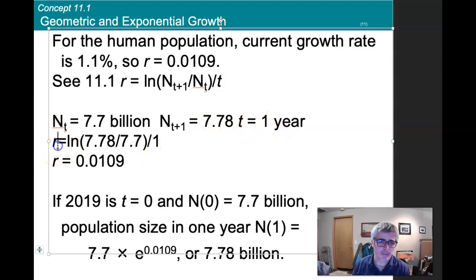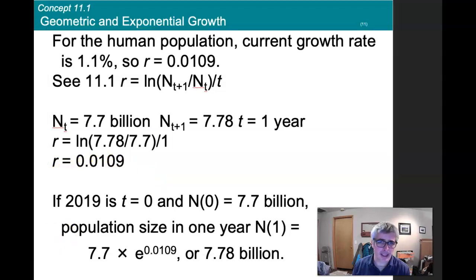So we just take the natural log of 7.78 divided by 7.7, take that whole unit divided by 1, which winds up with an r of 0.0109. So we can plug that into our exponential growth function, where N1 equals 7.7 times e to the 0.0109, or 7.8 billion. Now, of course, this is just 1 year, so we could do it by hand.